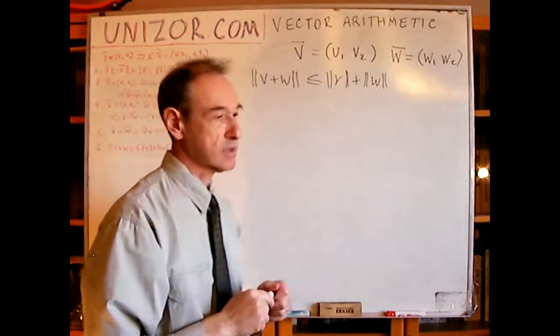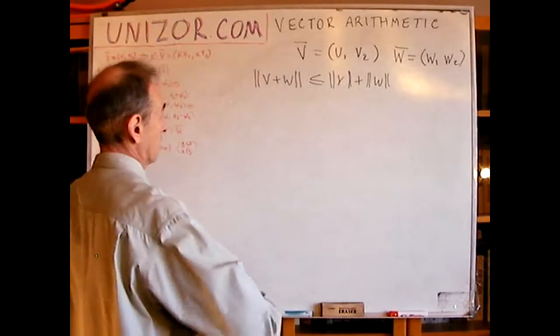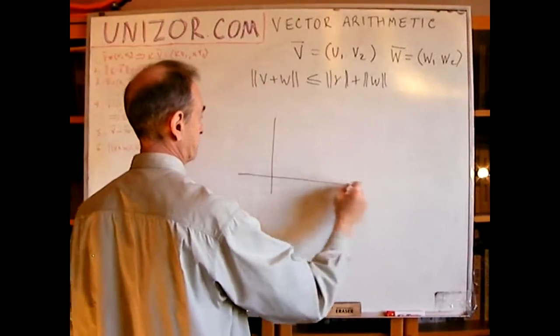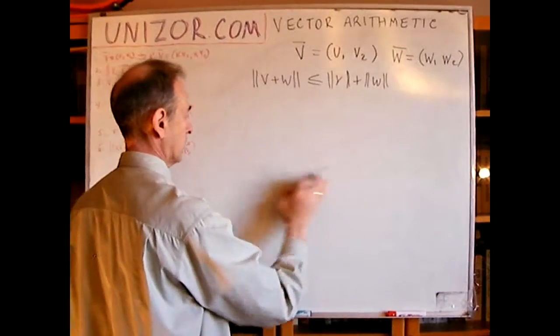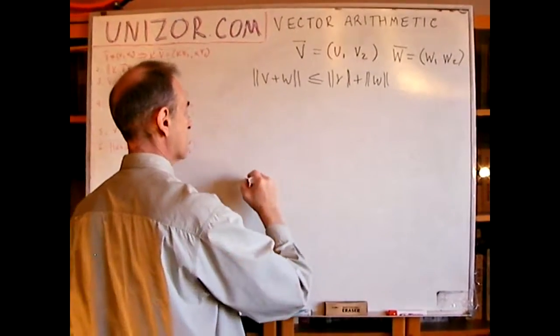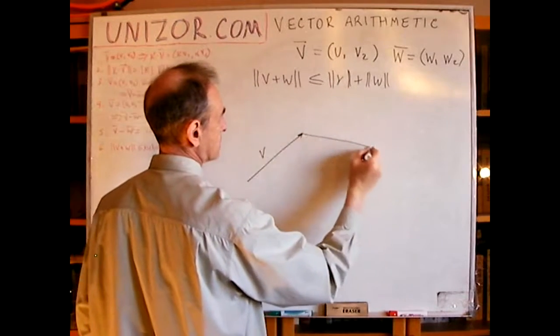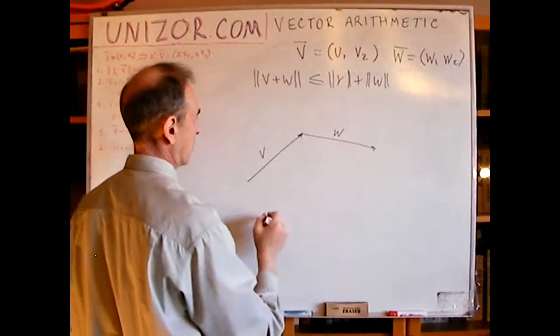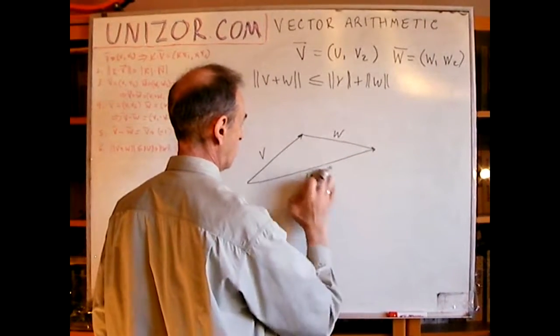Let's just consider this from the geometric perspective. We don't even need coordinates, quite frankly. Because if this is the V vector, now this is a W vector. This is a V plus W vector.